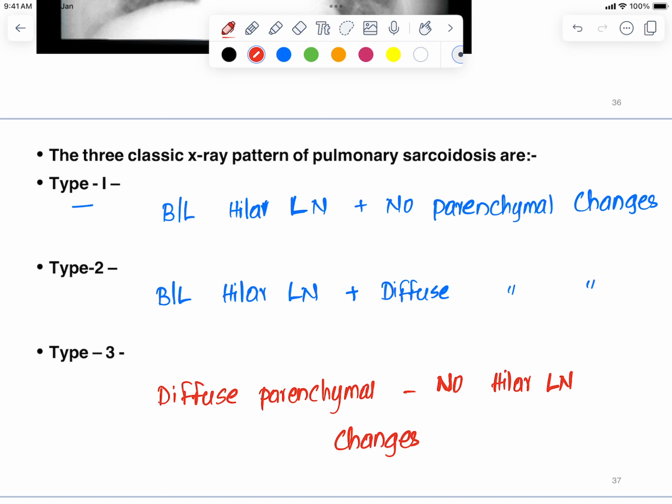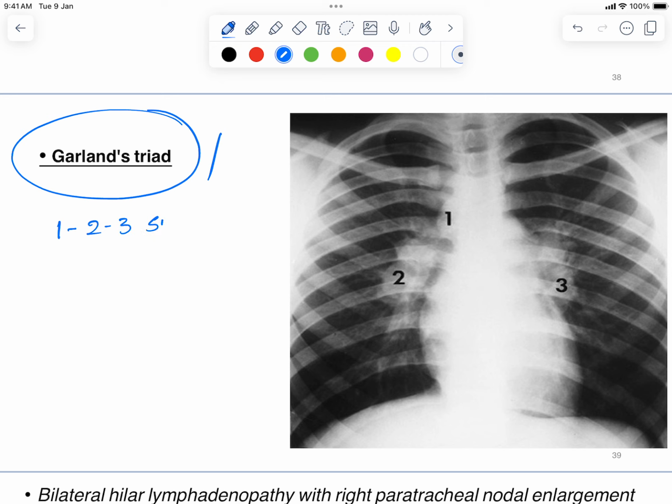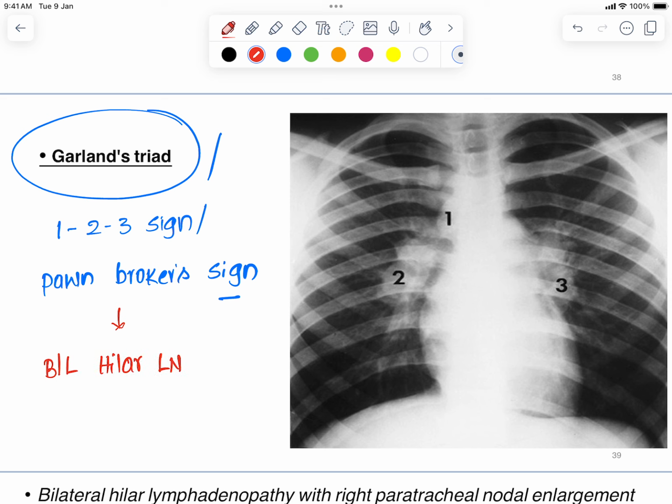And in the chest X-ray, you need to remember one important triad, and that particular triad is the Garland's triad. So what is this Garland's triad? This Garland's triad is also called the 1, 2, 3 sign, or the pawnbroker sign. So here in these individuals, there will be bilateral hilar lymphadenopathy.